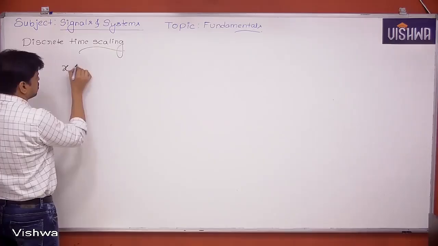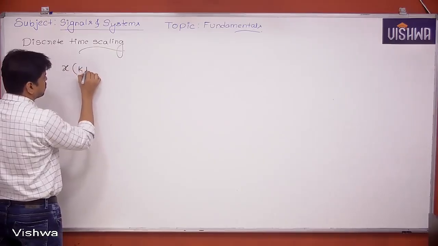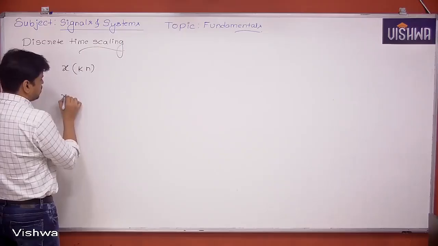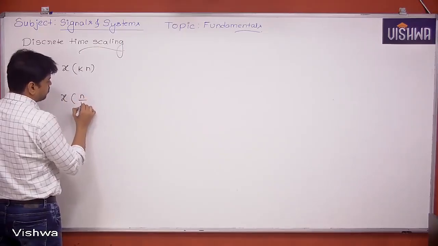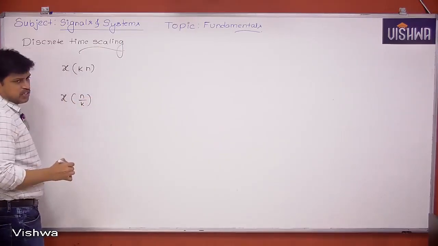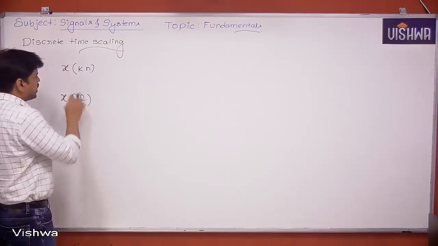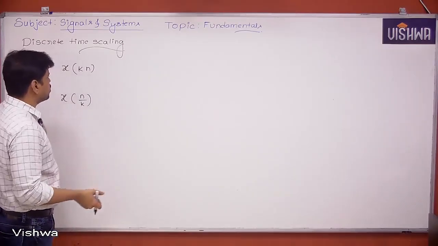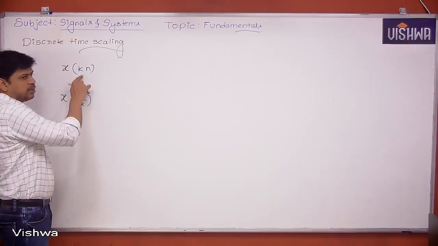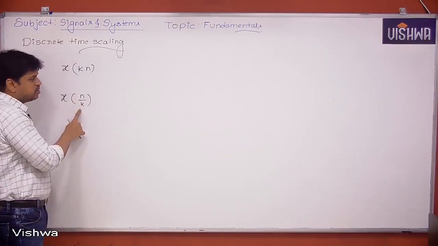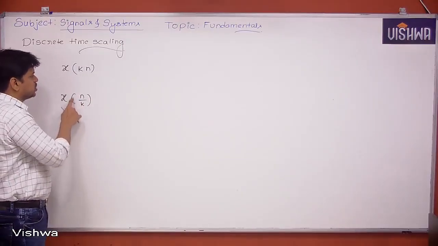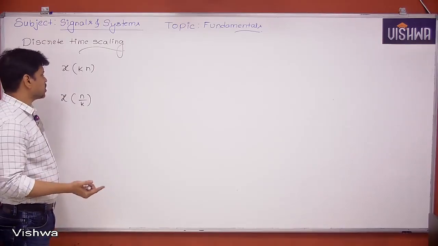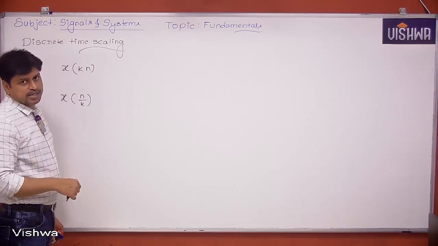From that we can find out x of kn or x of n by k, where k is an integer. In a continuous time case, we call it compression or expansion, but these names are not usually used in the discrete time case.